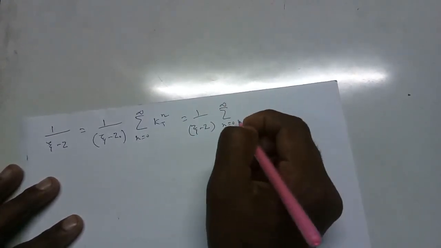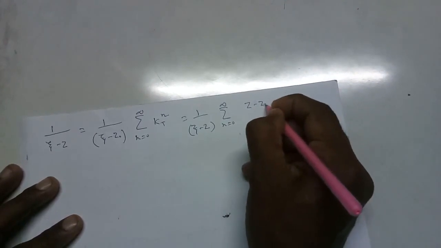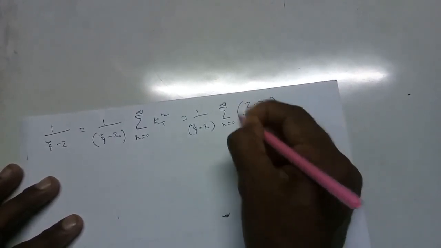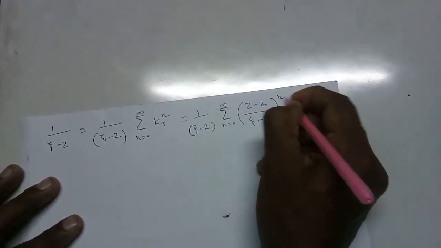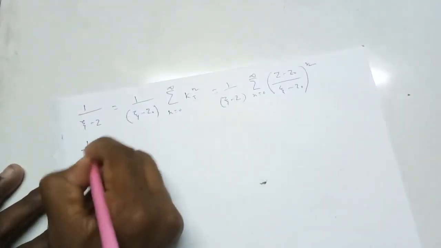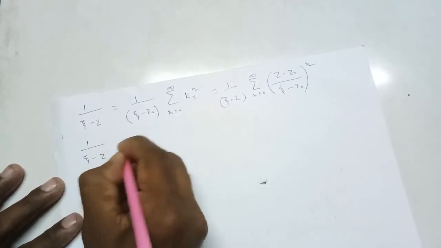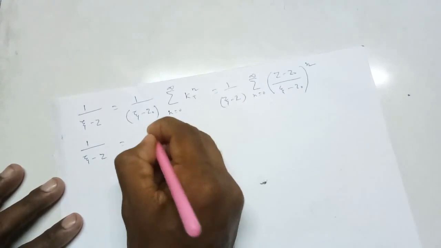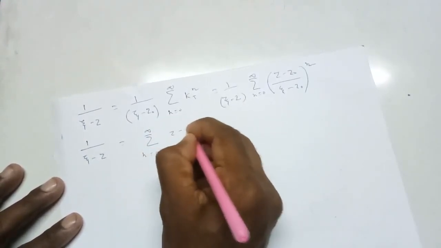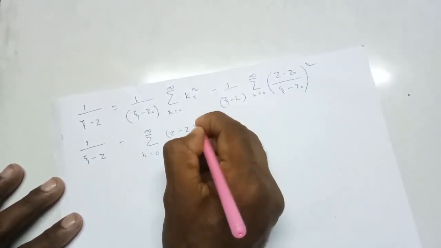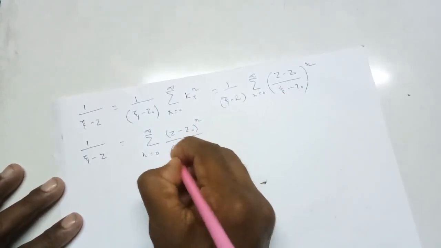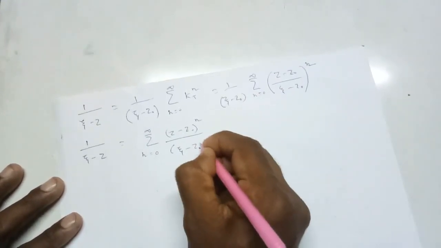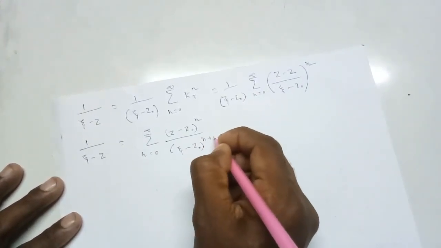Ultimately 1 by xi minus z is given by this series: z minus z0 to the power n divided by xi minus z0 to the power n plus 1.